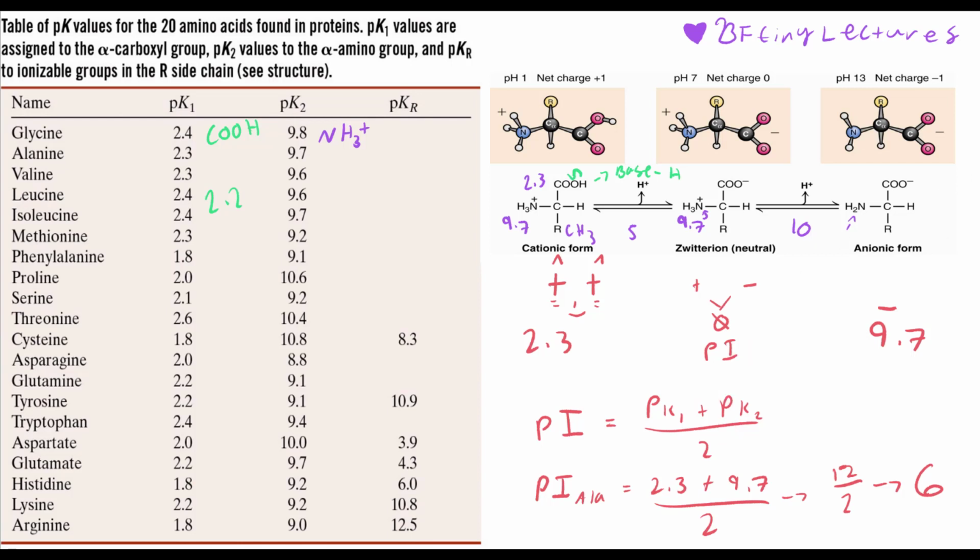So the reason why it's important that you know the isoelectric points is because amino acids react differently whenever they're exposed to either an acidic environment or a basic environment. And that's important because amino acids make up protein structures. Depending on if an amino acid is too acidic, that protein structure can change.